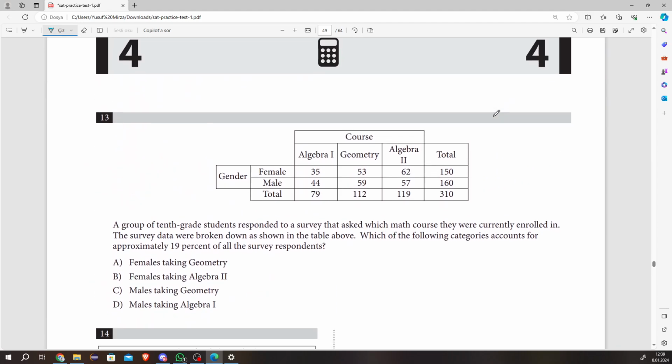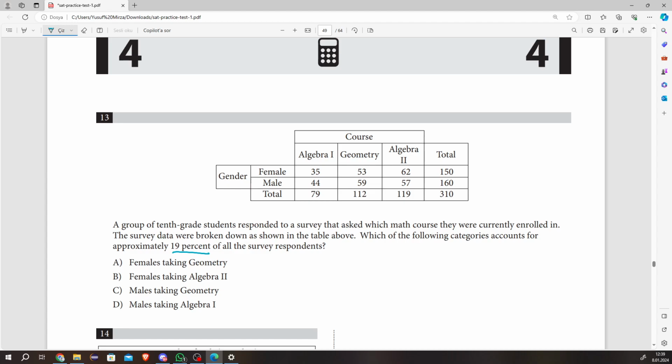Algebra, geometry, algebra 2. 10th grade students, which one for them, category, respondents. Male, we have, continuing, so we are seeking for 19%, I think.